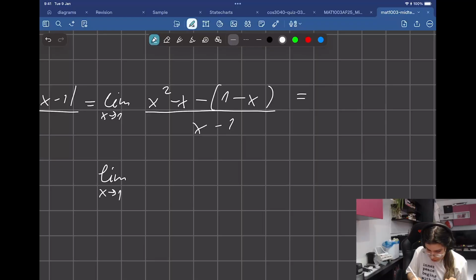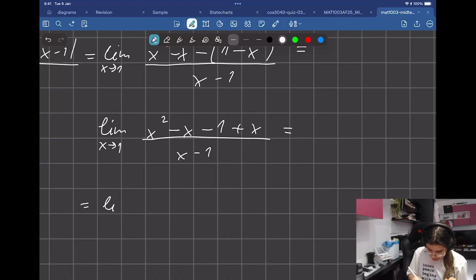I have the limit as x approaches 1 of x squared minus x, now just expanding the brackets, minus 1 plus x over x minus 1, which gives us the limit as x approaches 1 of x squared. Now these two cancel out, minus and plus x. So x squared minus 1 over x minus 1.